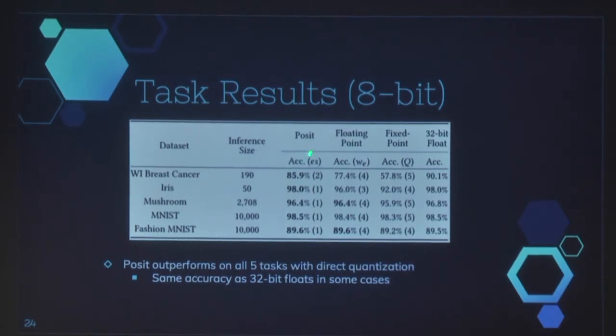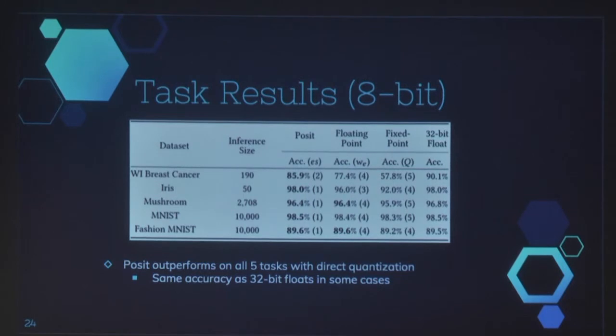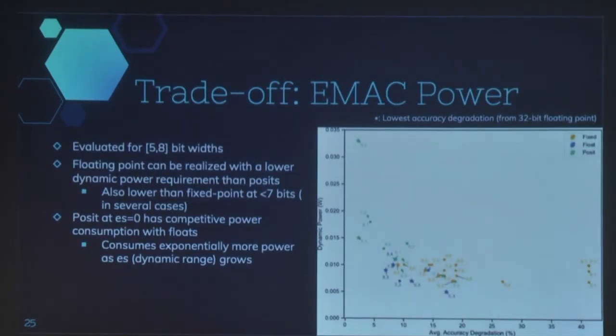But in general, you can see that posit performs better than the float and fixed point in terms of accuracy across all the tasks. Okay. So that's very useful when you're trying to do low precision inference on edge devices.